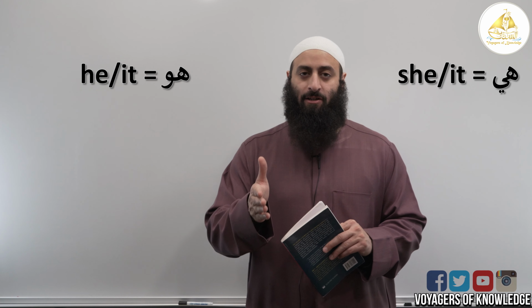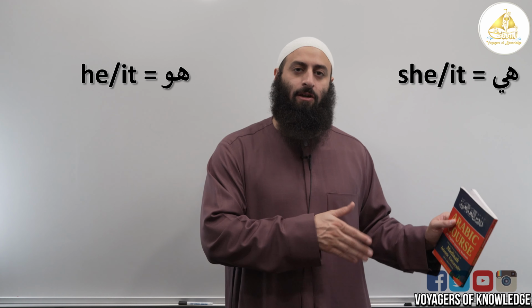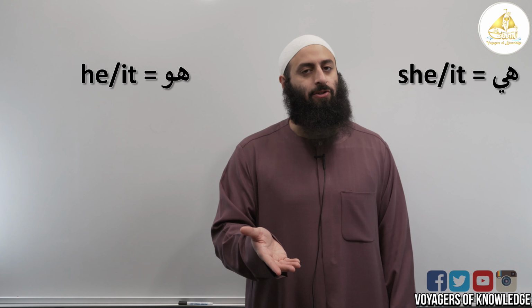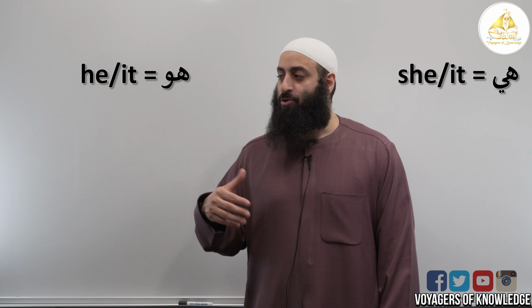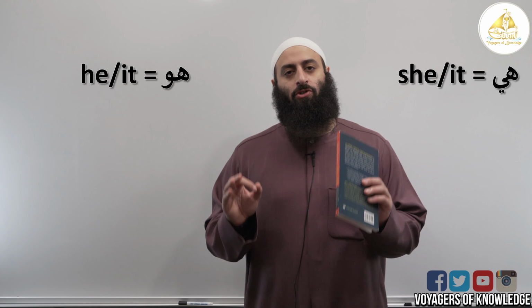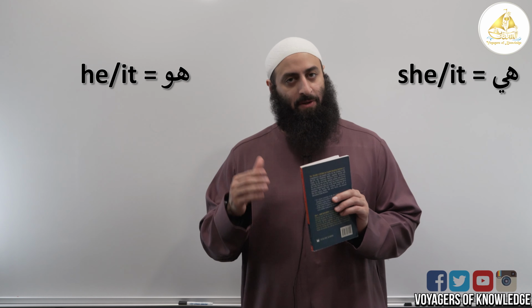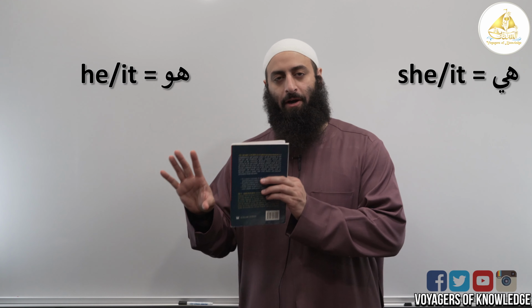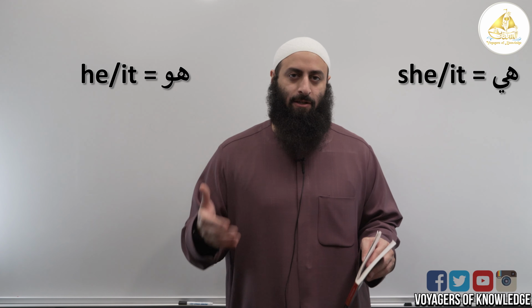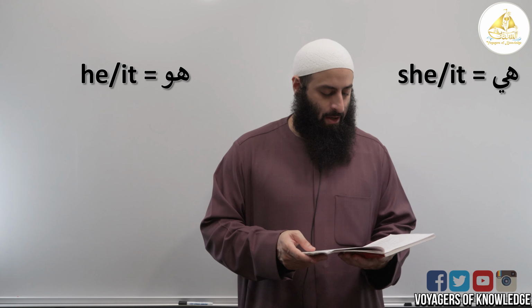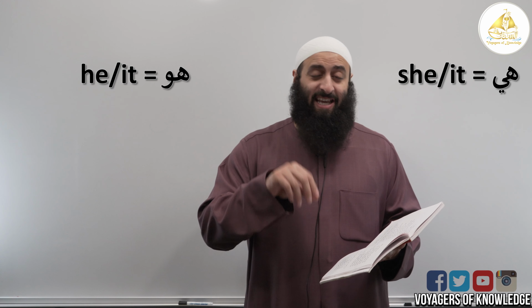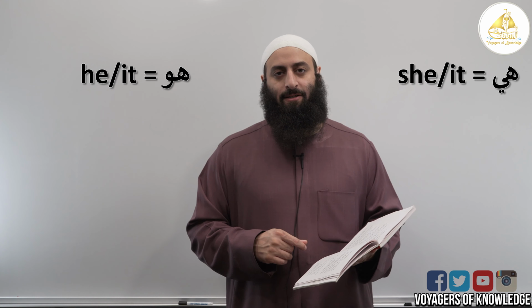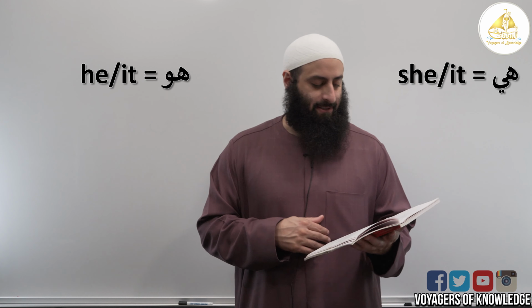So if the object is feminine, you say هي, even though you're still saying it. If the object is masculine, you still are going to say huwa, which means he, but when you're talking about an object, it means it, and it's a masculine object. And that's why he said, هي لعباس. It is Abbas's.